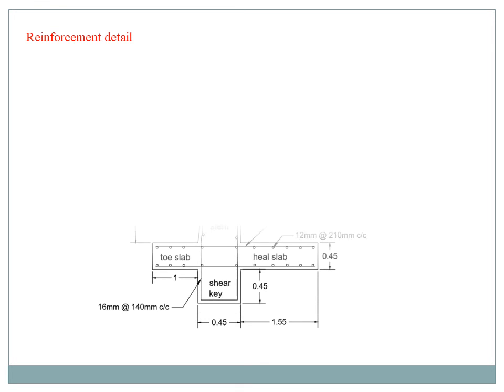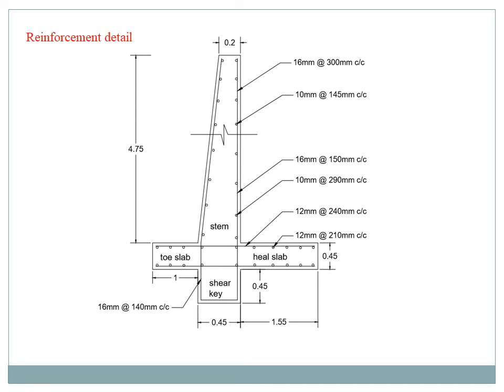So reinforcement details. This is our retaining wall reinforcement details. Mark the values: stem positions, then base slab position, the heel slab position, taken from our previous steps. Our stem position, the vertical stem is 16 mm dia bar at 300 mm center to center distance, then 10 mm dia bar at 145 mm center to center distance.